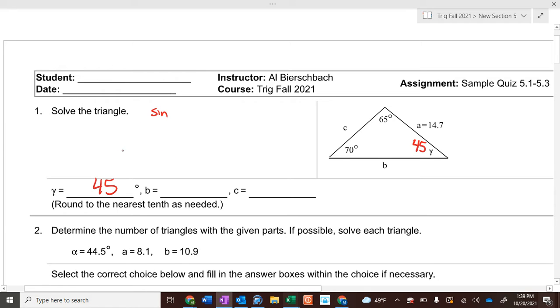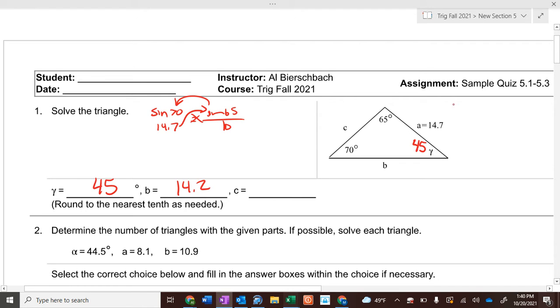So the sine of 70 over 14.7 equals the sine of 65 over B. If we cross multiply, B times sine of 70 equals 14.7 times sine of 65, or we just take this times this divided by this. There we go. 14.7 times sine of 65 divided by the sine of 70, which is 14.2.